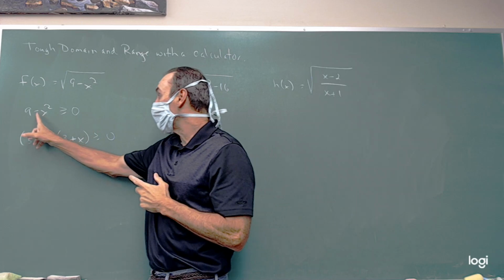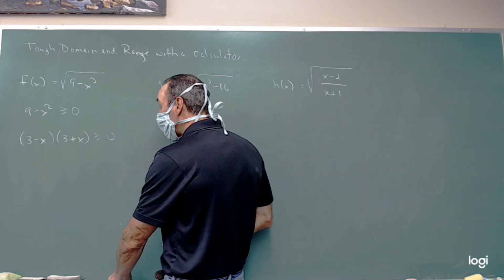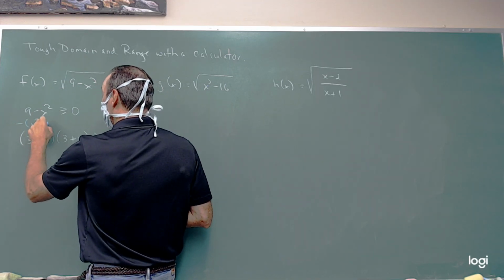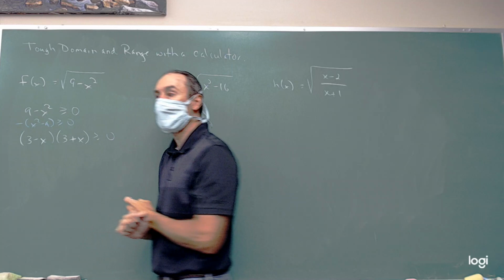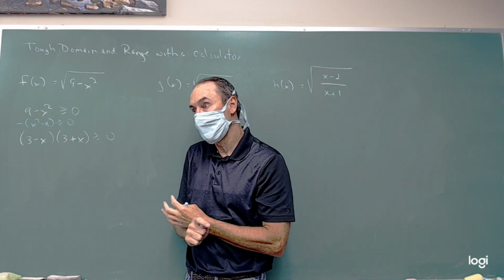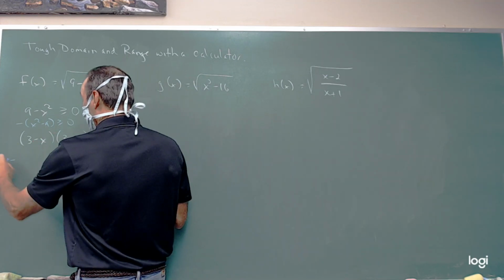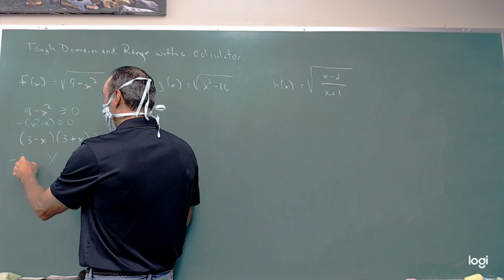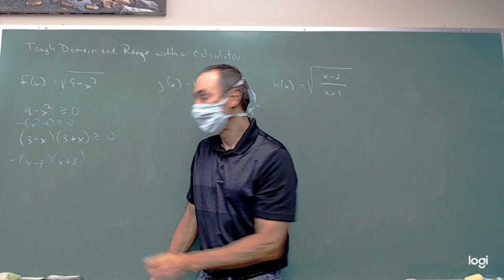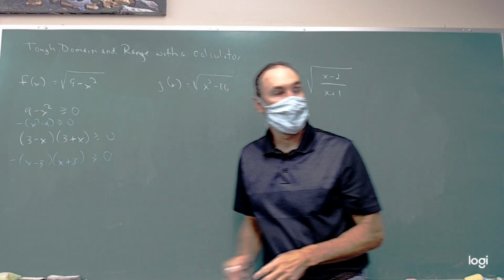Some people get bothered by the negative there, so alternatively, you could factor that negative out to make it look like negative quantity x squared minus 9. Some people feel better about factoring and leaving that negative outside, and then they can do x minus 3, x plus 3. I don't care which way you do it, but show me how you're going to do that.